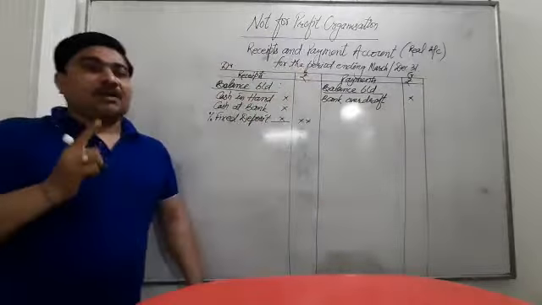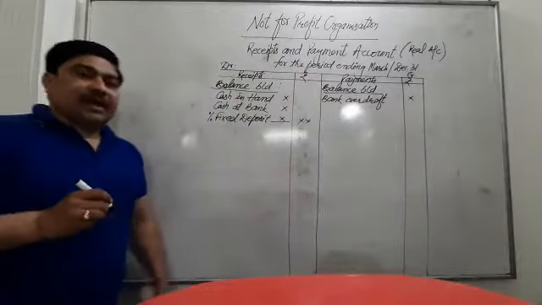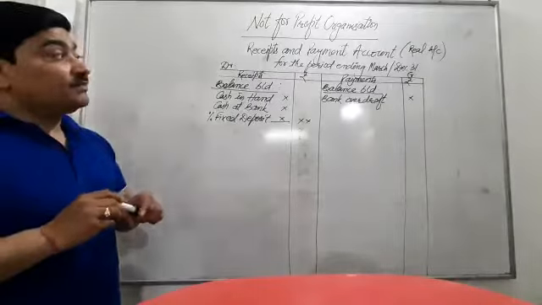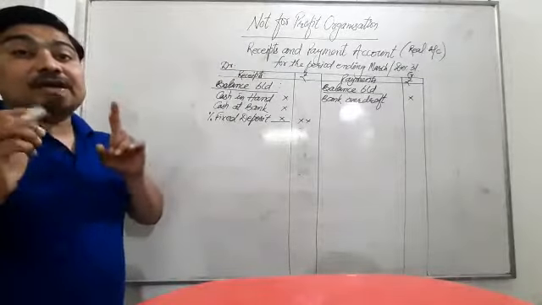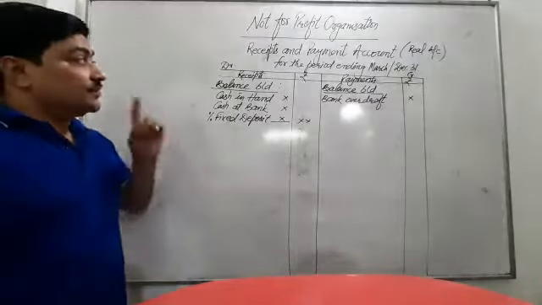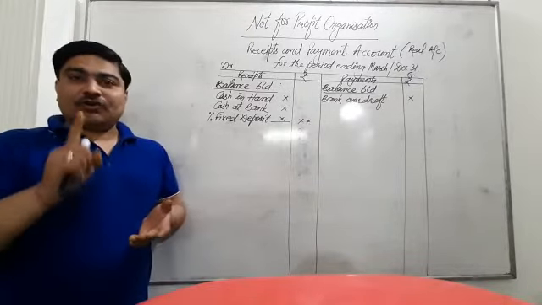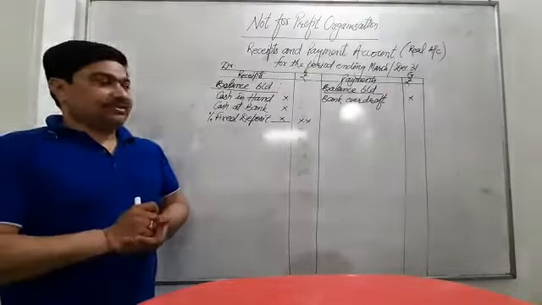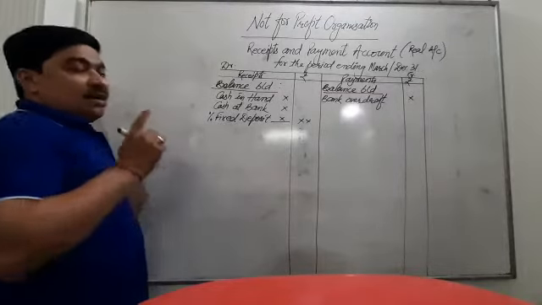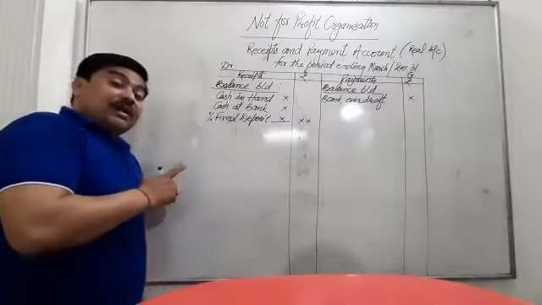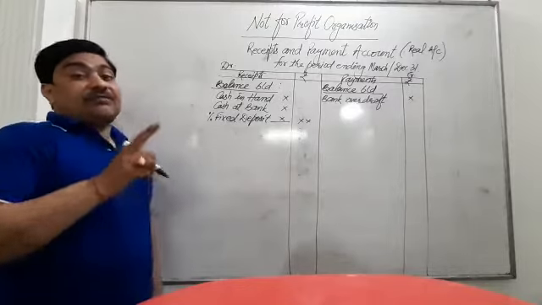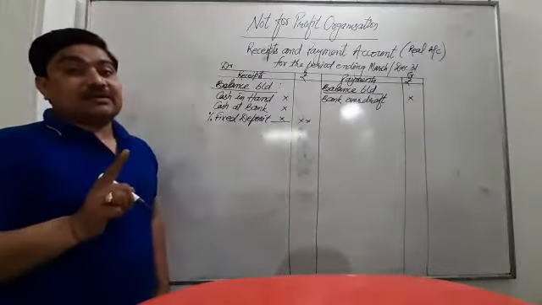Okay, after this, we need to write all the receipts. Remember, it will never ever record any credit transaction. It will record only and only the cash transactions, right? Whether it is related to the current year, the past year or the future year, it will not matter.